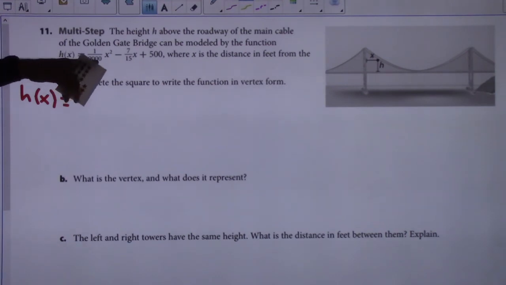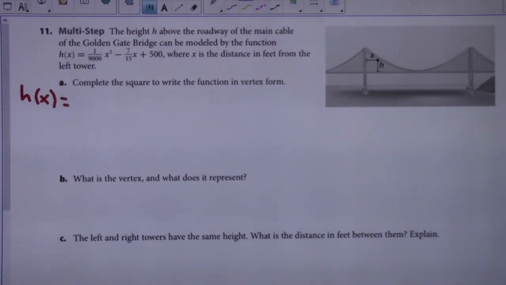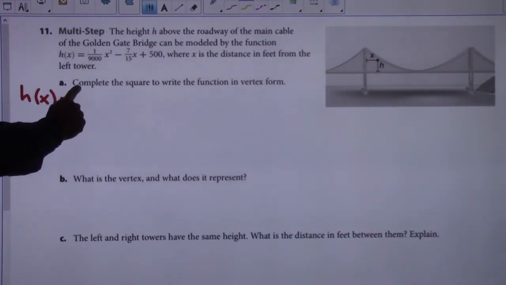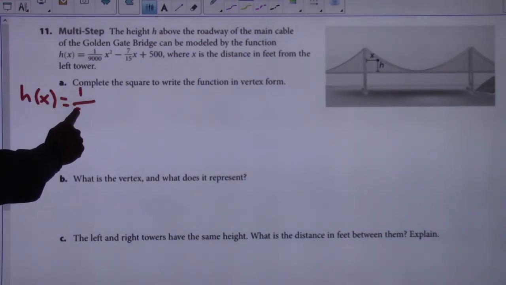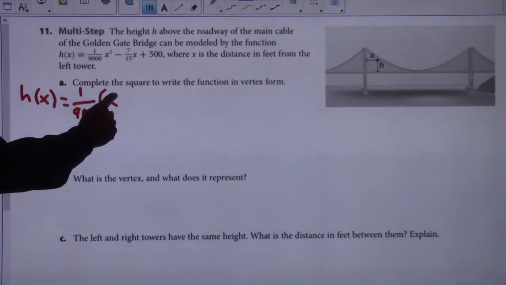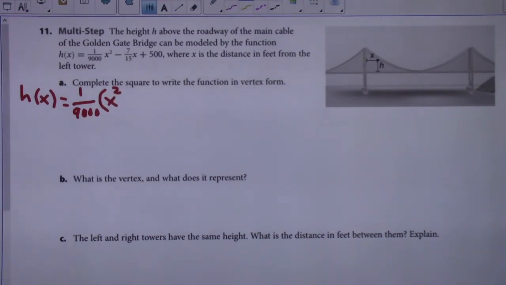Okay, so here's what I want to do for number 11. What's your common factor here for the x squared? You're going to have a test that has a problem very similar to 15. What's your factor out here? So x squared times 1/9000.